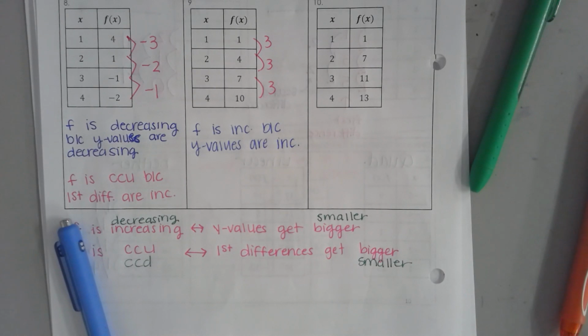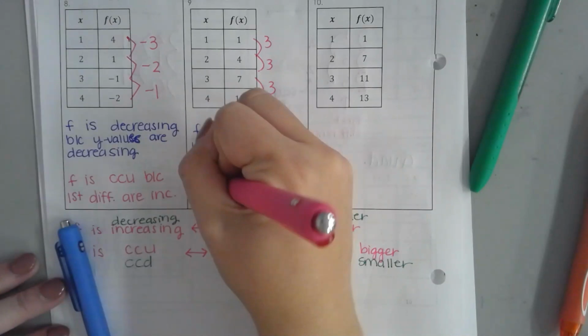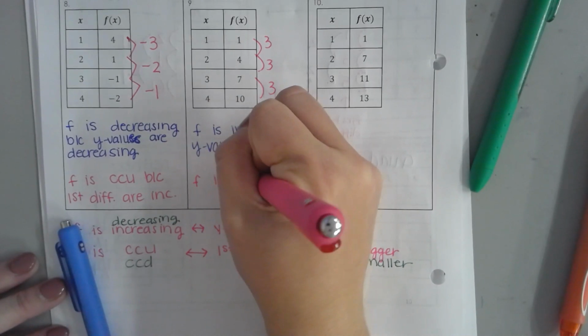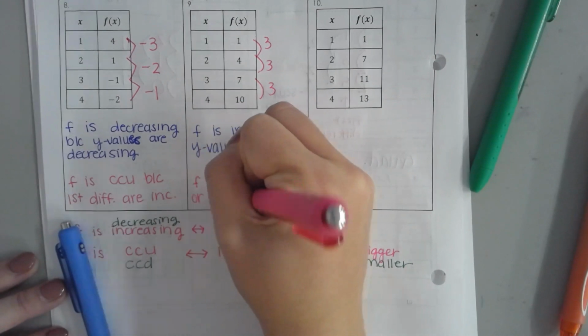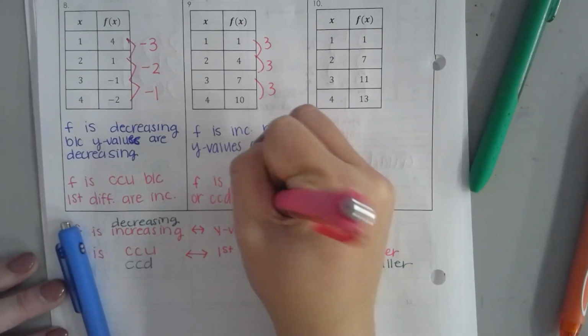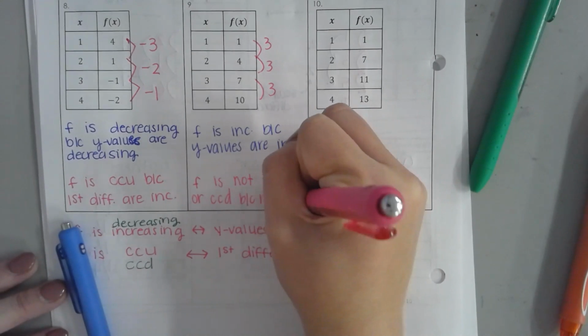It's neither. It's linear. This is a straight line. The first difference is the same. So F is not concave up or concave down because it's linear.